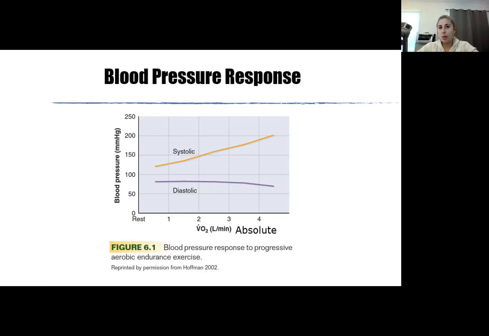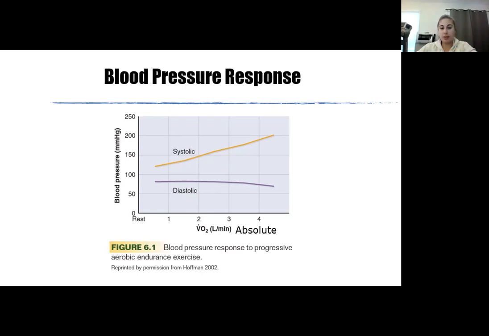If I were to go at 50% capacity and maintain that for time, then my systolic blood pressure will go up and then plateau, right? It's not going to keep going up if my intensity does not. It's only with progressive increase in intensity. Otherwise, my blood pressure will go up to whatever it needs to at that intensity, and then it will plateau. So that is the response to progressive aerobic exercise.